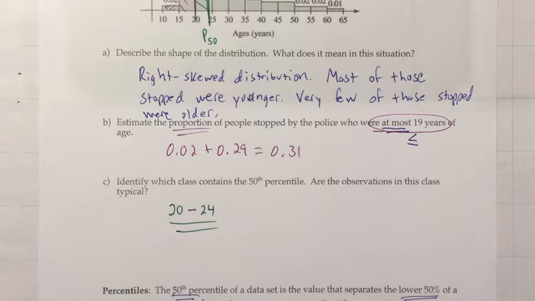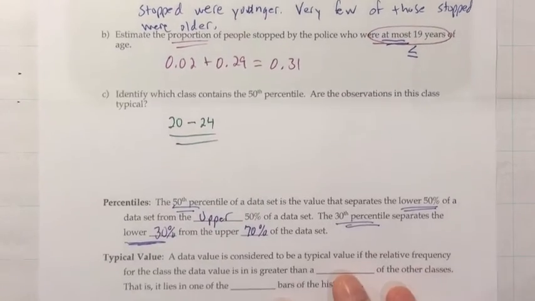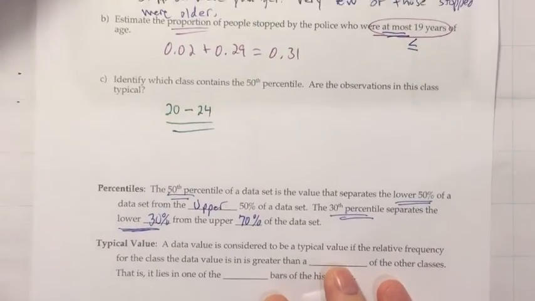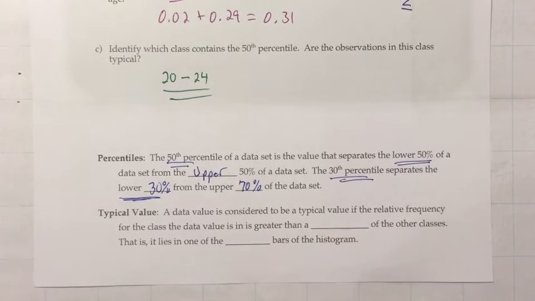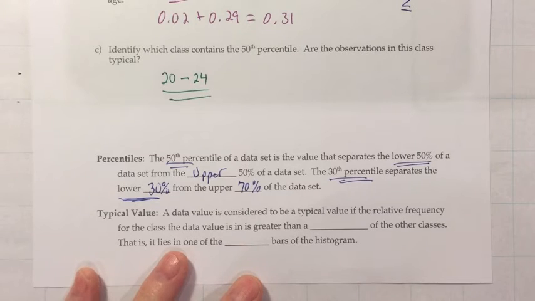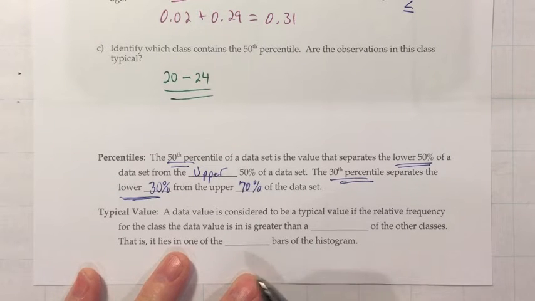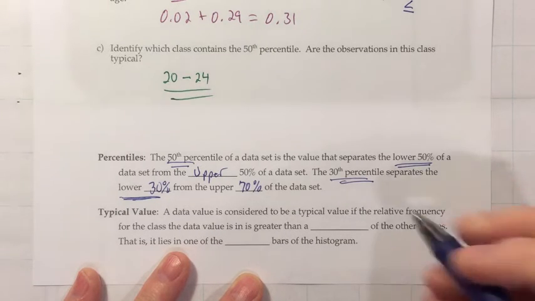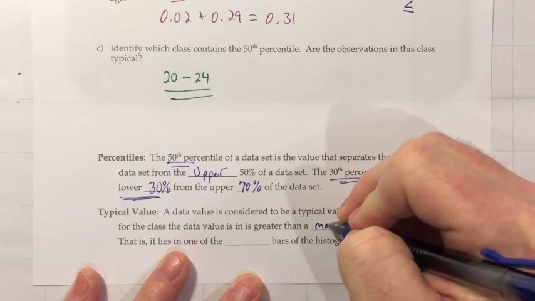Now they want to know, are these observations typical? So let's go ahead and look at that definition real quick, and then we will answer their question. A data value is considered to be a typical value if the relative frequency for the class the data value is in is greater than a majority of the other classes.